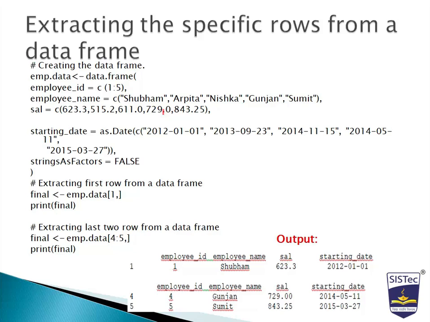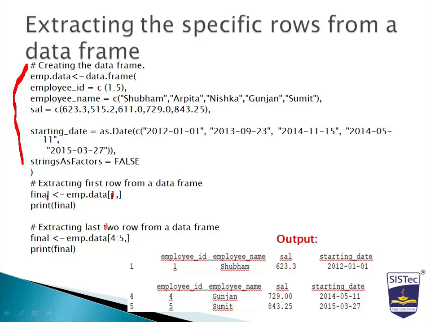Then next is specific rows from a data frame. Now how can we extract data from specific rows? This is the same code that we used to create a data frame. Now to extract a row, we create a final, and here we provide the data frame name employee.data, row 1, column null, which means the first row, all values.